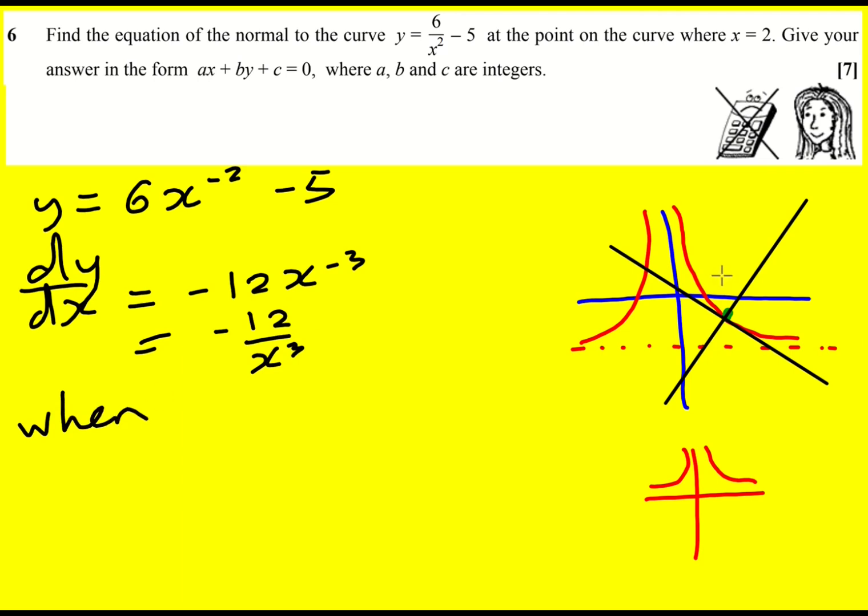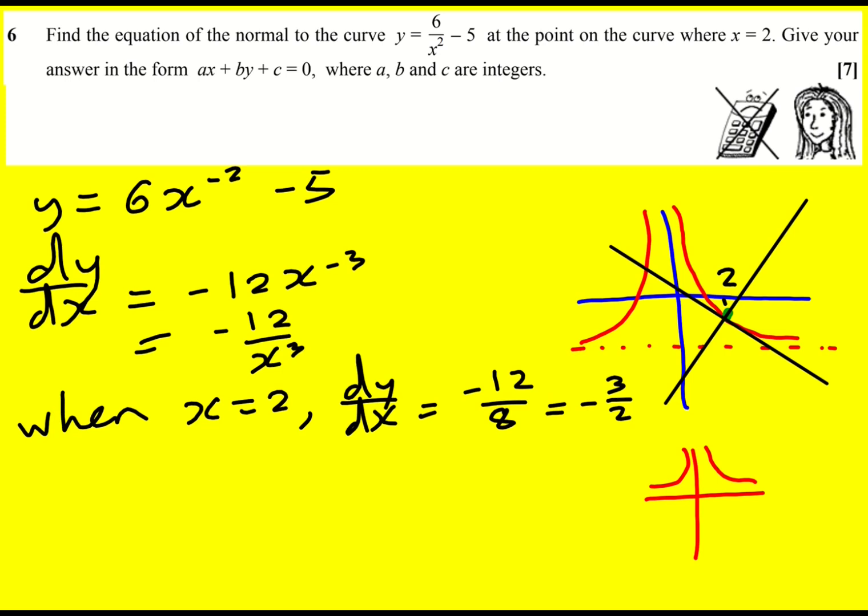And I'm looking at a very particular point when x is 2. So when x is equal to 2, dy by dx is equal to minus 12 over 2 cubed, which is 8. This has got a common factor of 4, so it's going to become minus 3 over 2. I've got a negative, and this is the gradient of the tangent.